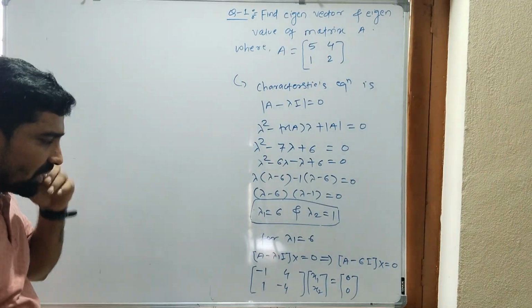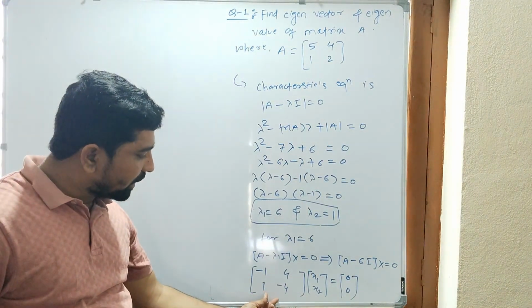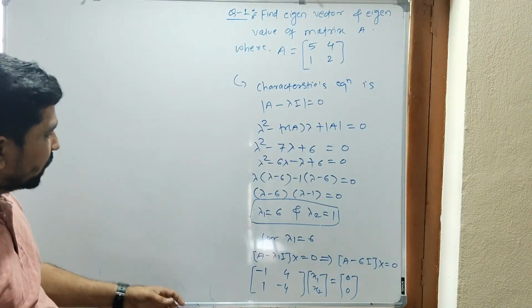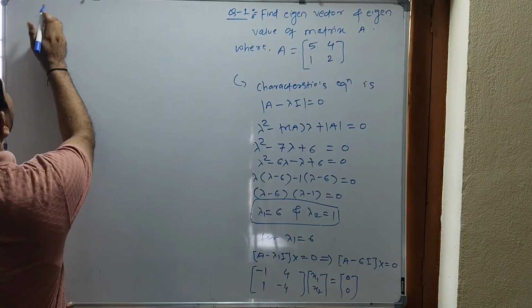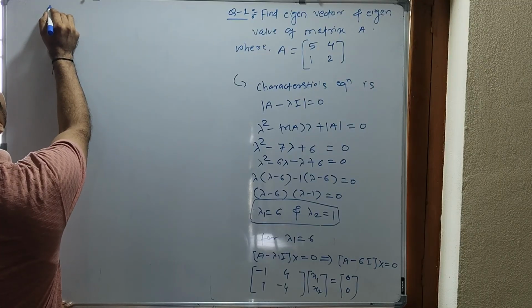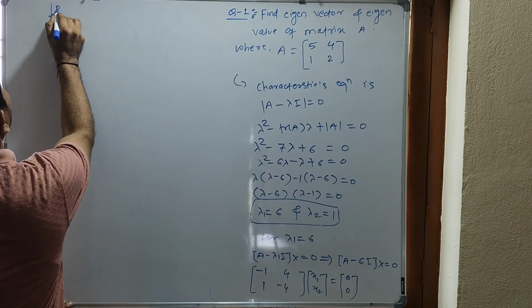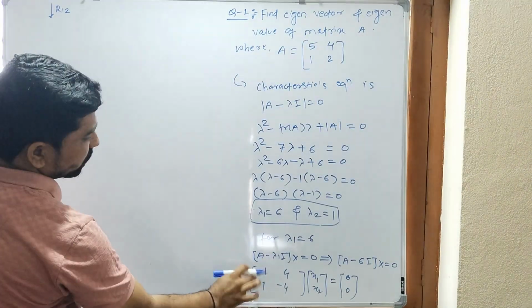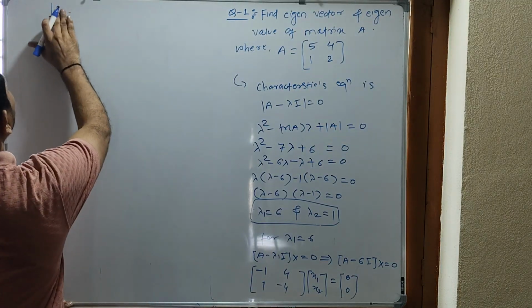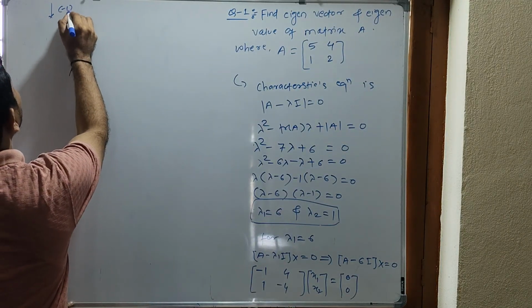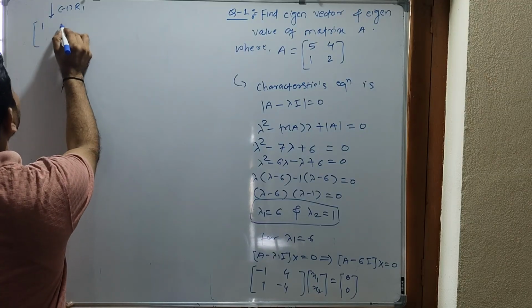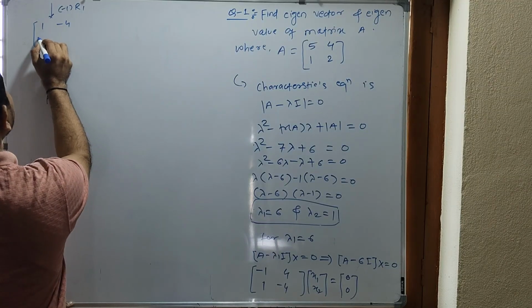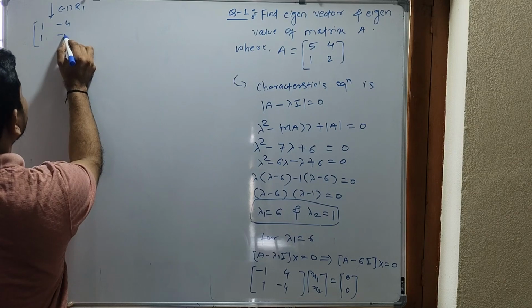After that I want to convert this matrix into the echelon form. I am applying elementary operations. First I will multiply minus 1 to the row R1, so this matrix becomes 1 minus 4, and the second row stays as it is.